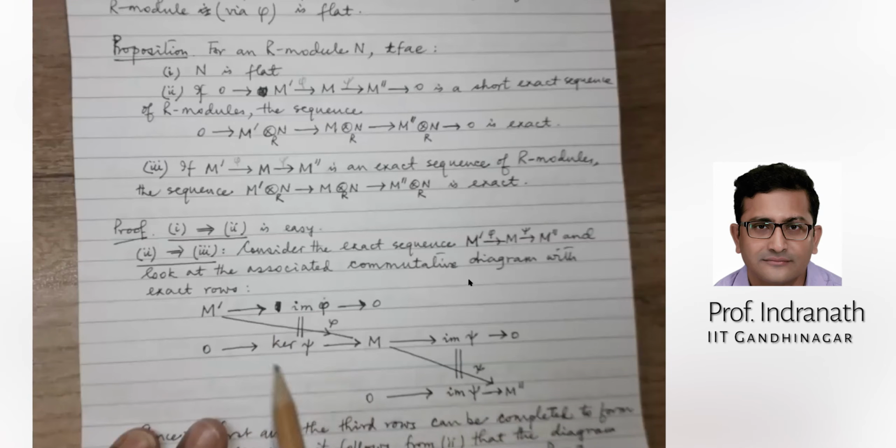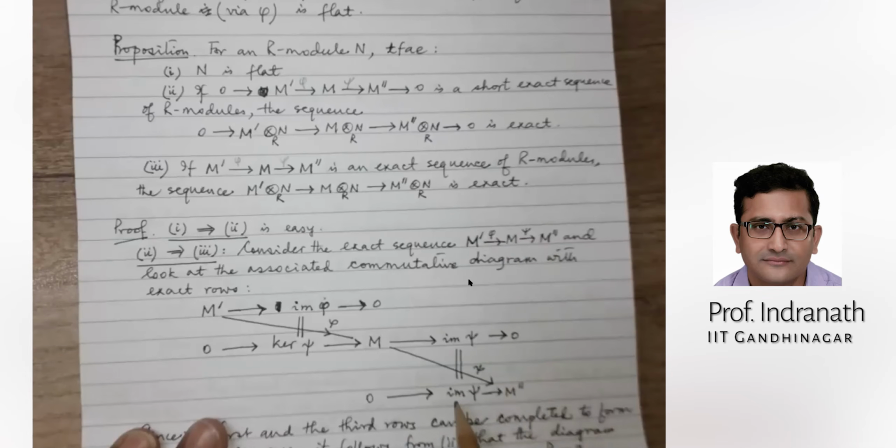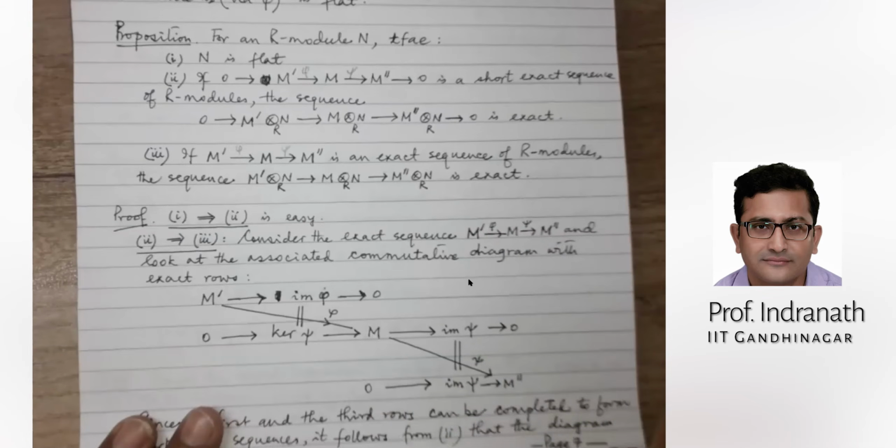Now, for this map, I have this image of phi, and for this map, I have this kernel of psi. Okay. So look at this portion. And again, for M double dash, you have the image of psi, which is here. And you have this portion. So you have the exact rows here.